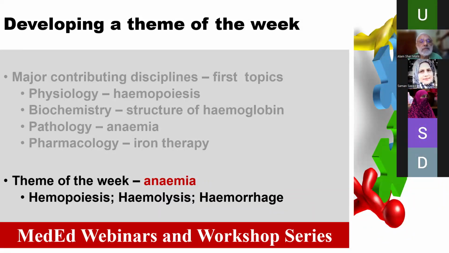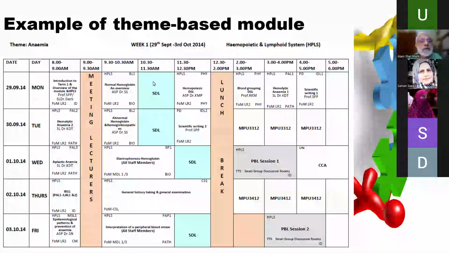This is, let's say, the timetable. Here is the hemopoietic and lymphoid system module. The theme is anemia. Here we see the normal hemoglobin being covered by biochemistry, then hemopoiesis by physiology, blood grouping by physiology, and hemolytic anemia by pathology.